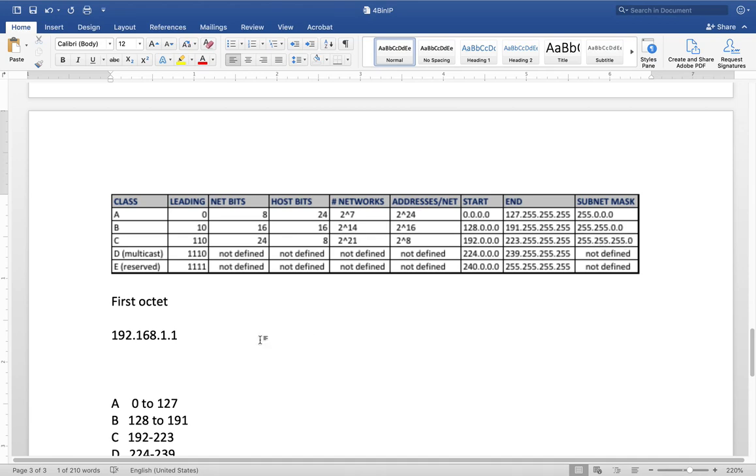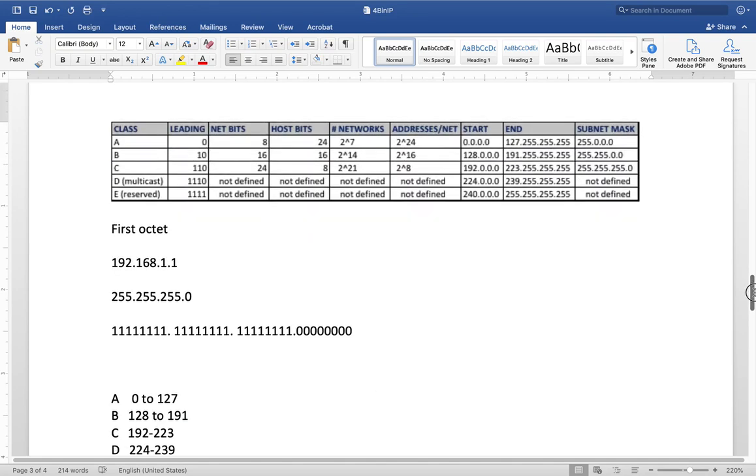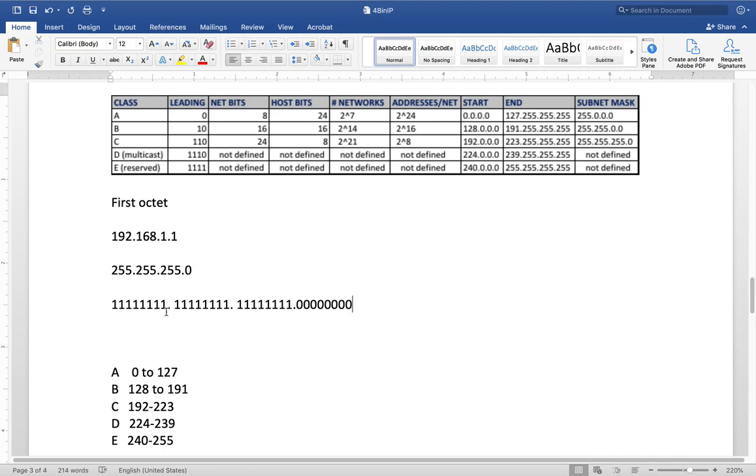So if you write down 255.255.255.0 in binary as a 32-bit number, that's basically the subnet mask.